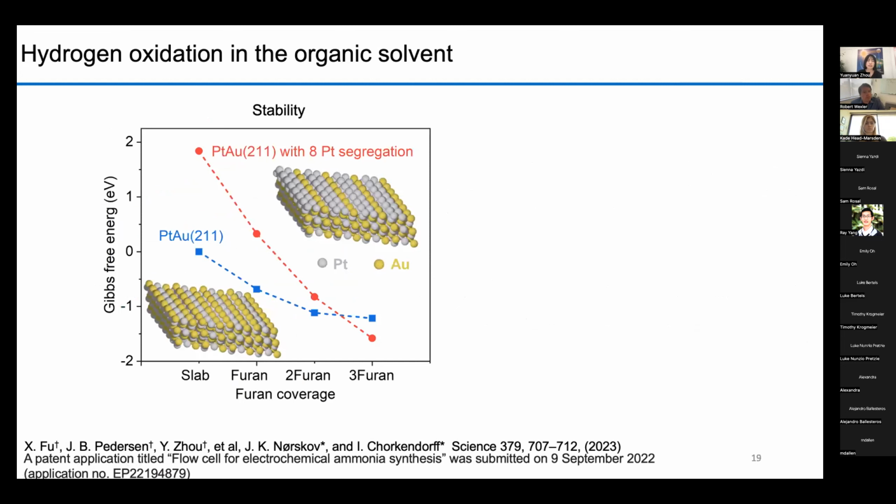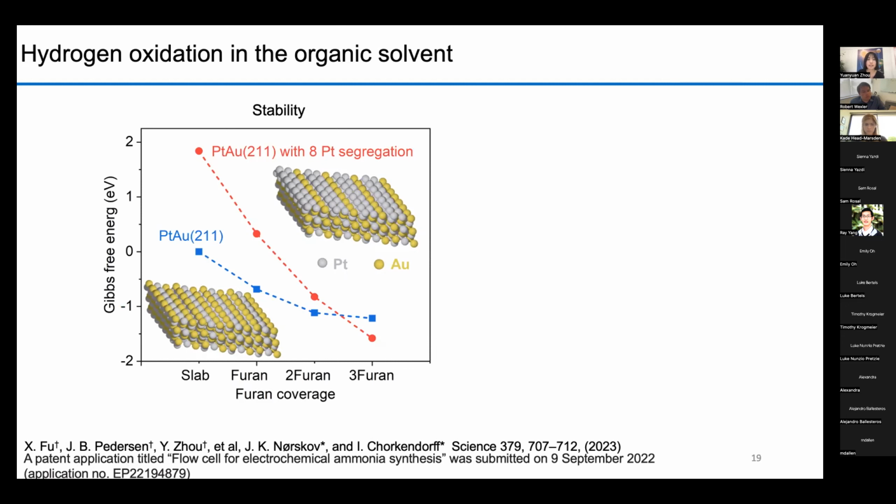More importantly, we want to see whether the catalyst has some reconstruction under the reaction conditions, and we further check the stability of the platinum-gold surface in a trace amount of furan, CO, and CH species.